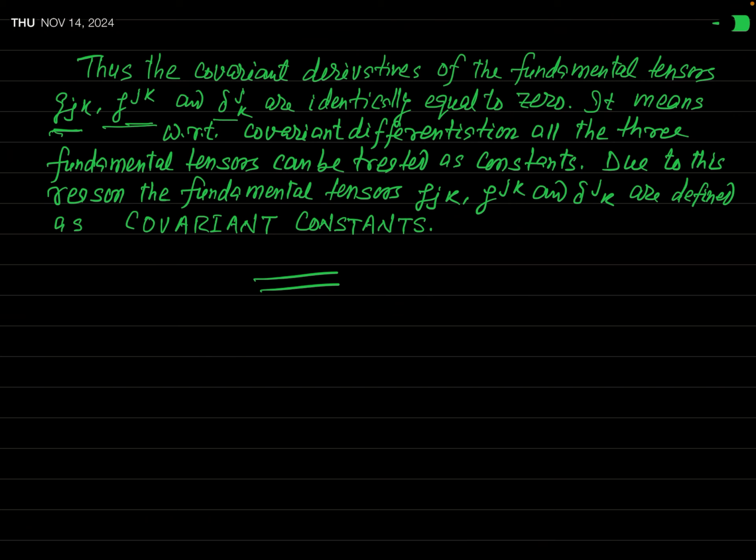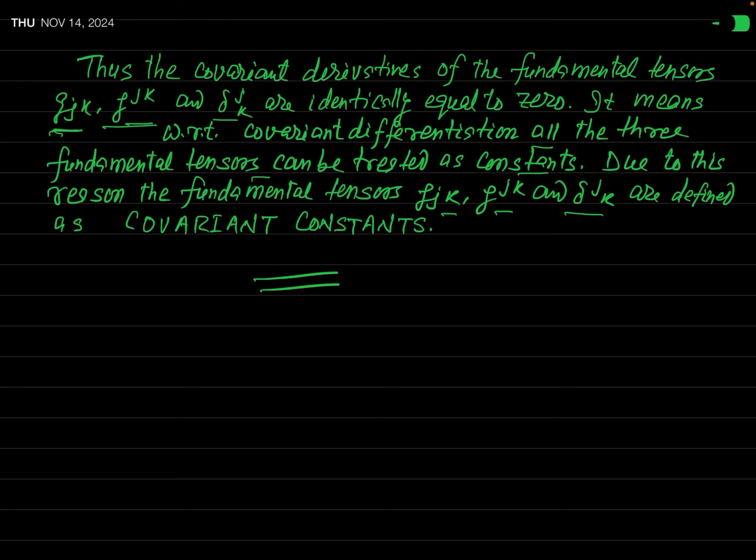So if their covariant derivatives are 0, you can easily say that under covariant differentiation all three fundamental tensors can be treated as constants. And that's why the fundamental tensors are defined as the covariant constants.